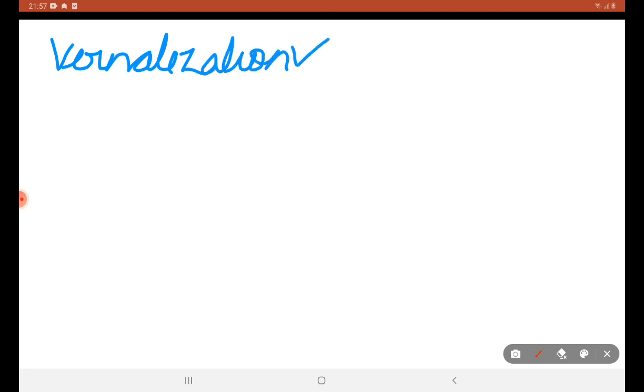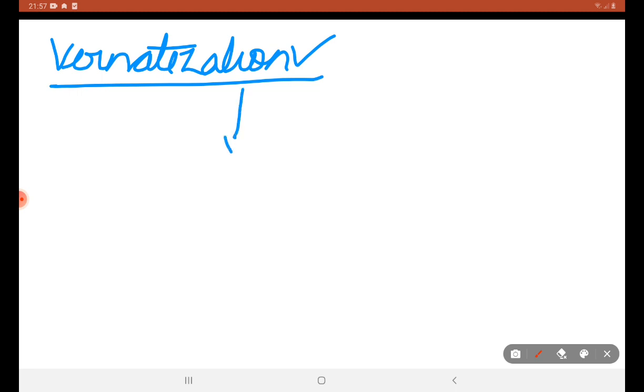If vernalization is induced, what are the key pathways involved? If vernalization occurs, now we will see what will happen.